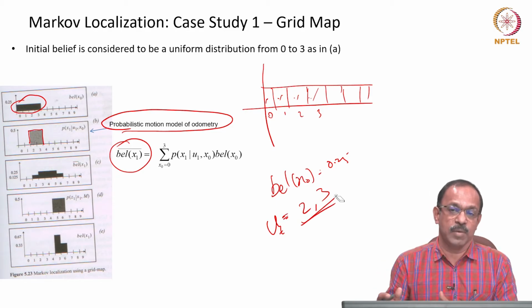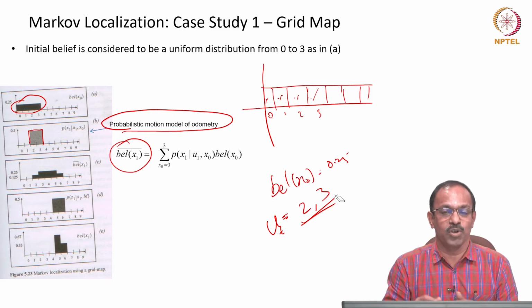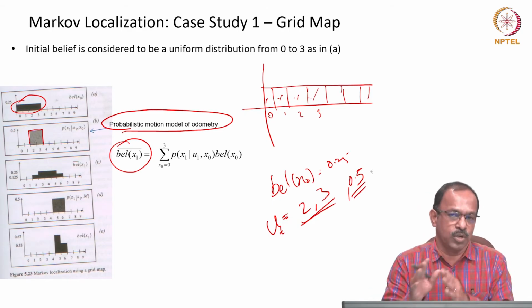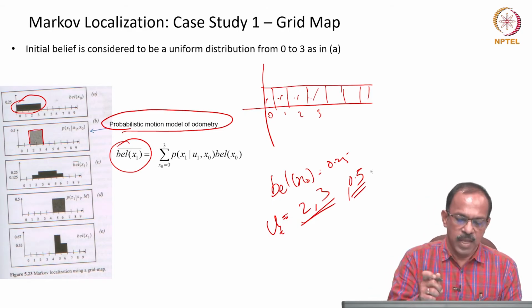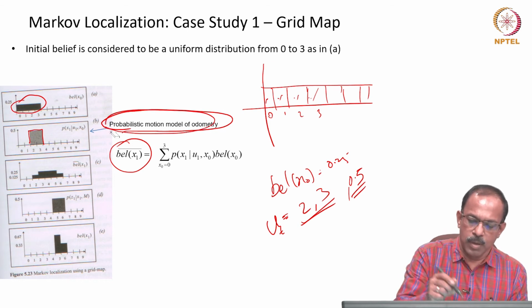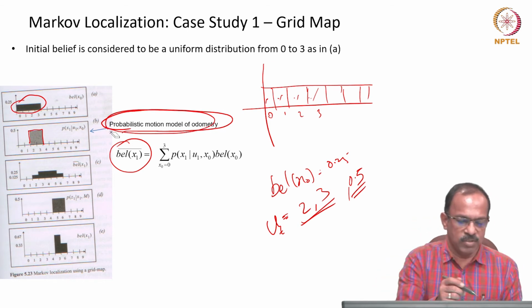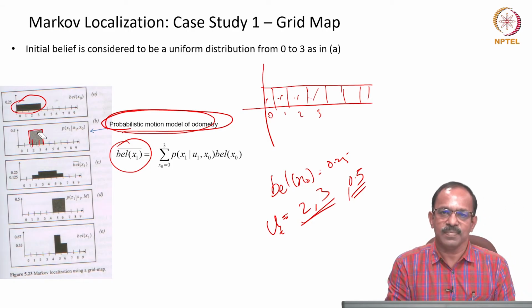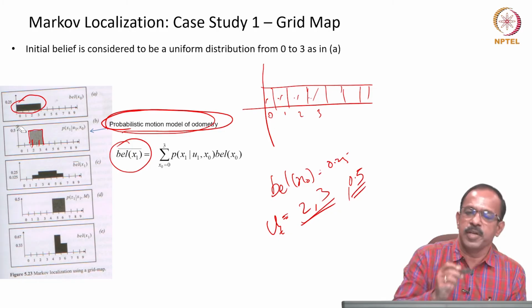I could have moved 2 steps or 3 steps, I do not know, and the probability is equal, 0.5. That is given by the motion model: it could be 2 steps or 3 steps moved forward with an equal probability of 0.5.